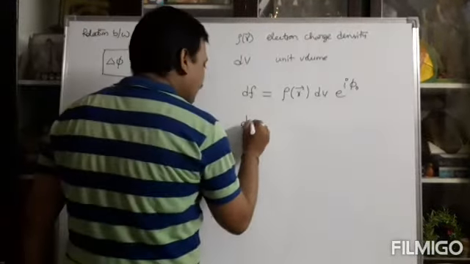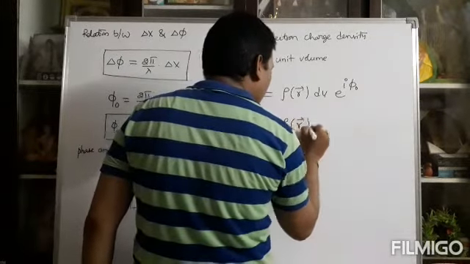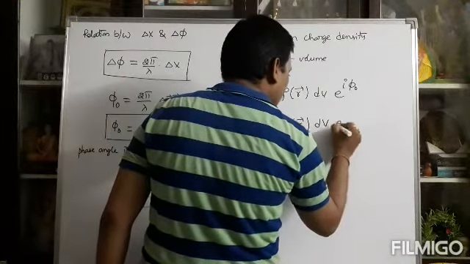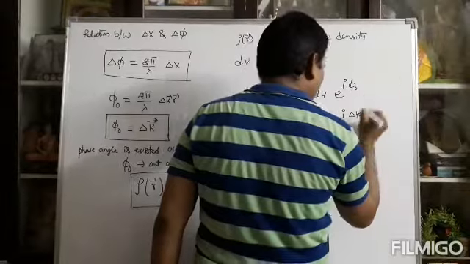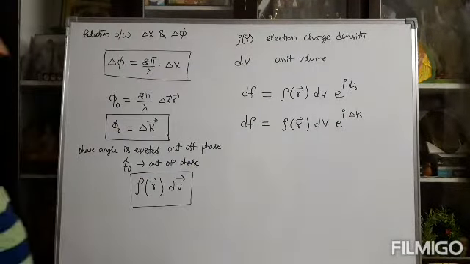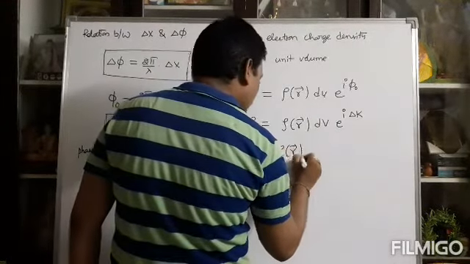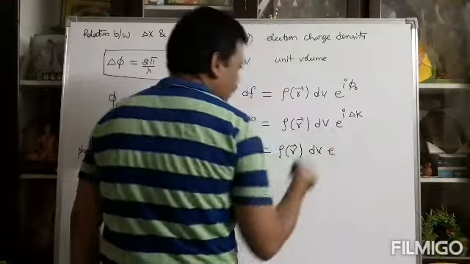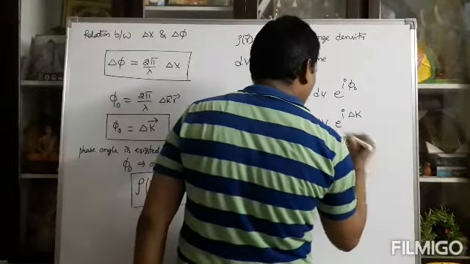So this dF value, the small form factor value, is rho of r bar into dV into e power i into delta k. This delta k can be represented as rho of r bar into dV into e power i into k bar dot r bar.